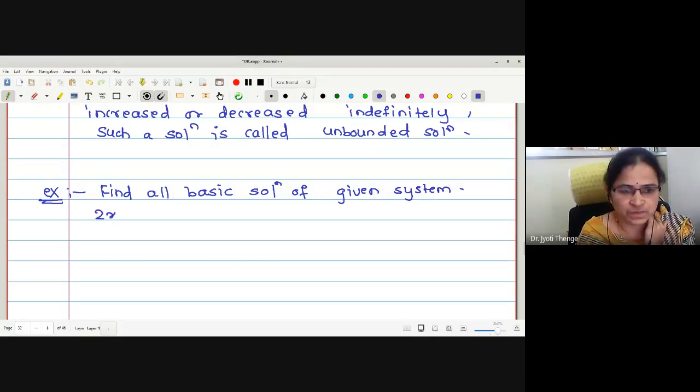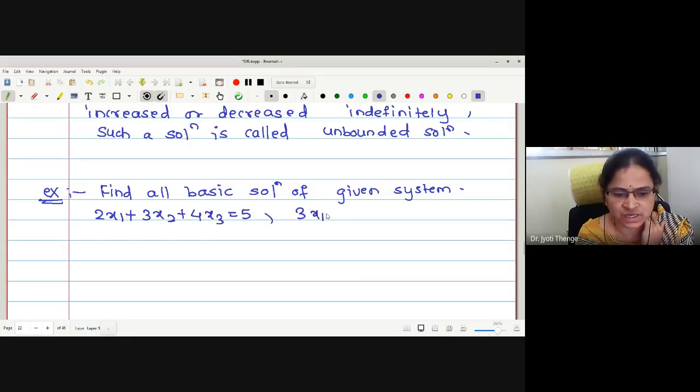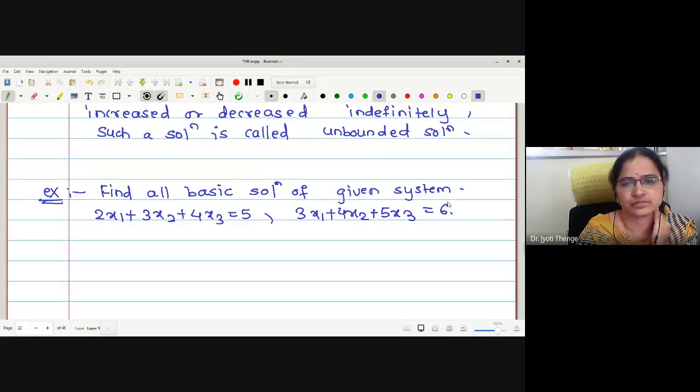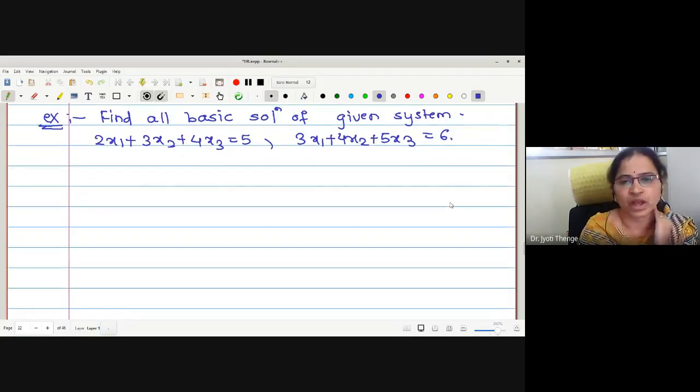The equations are 2x1 + 3x2 + 4x3 = 5 and 3x1 + 4x2 + 5x3 = 6. We have two equations in 3 variables, where the number of solutions is infinite.